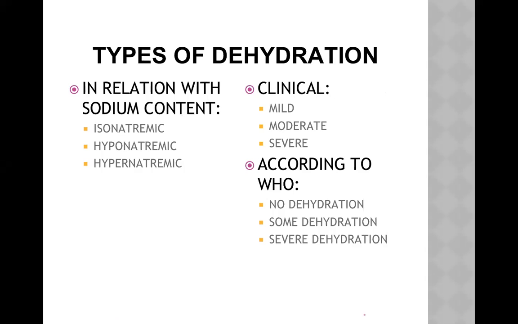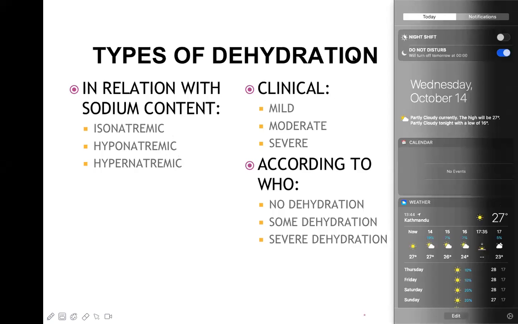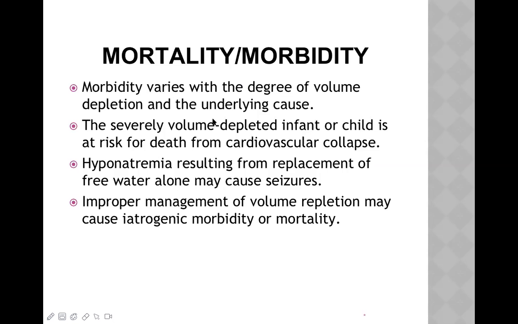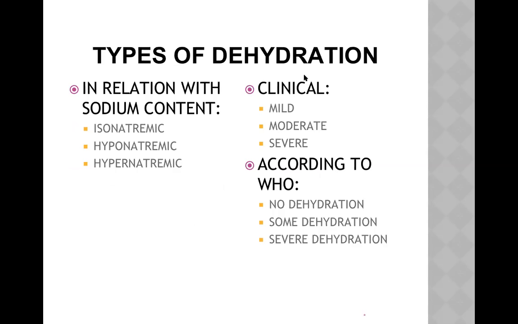In relation to the sodium content: isonatremic, hyponatremic, and hypernatremic dehydration. Now, in the morning class, I asked the students, what is the level of sodium in our blood? Let me ask that again. What is the amount of sodium in our blood? 135 to 145. Absolutely correct.